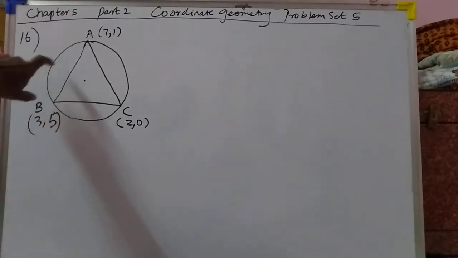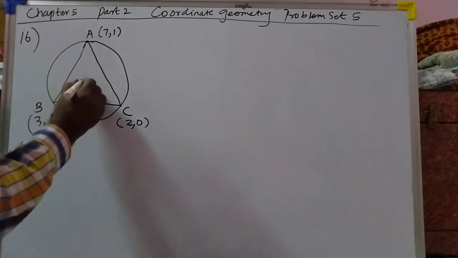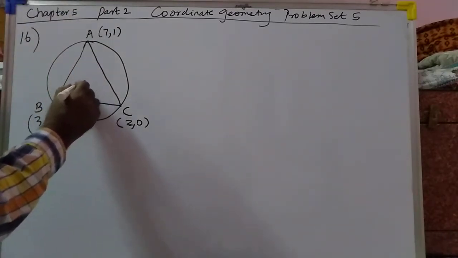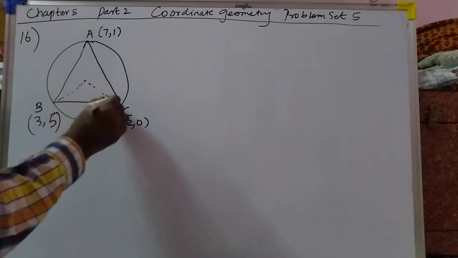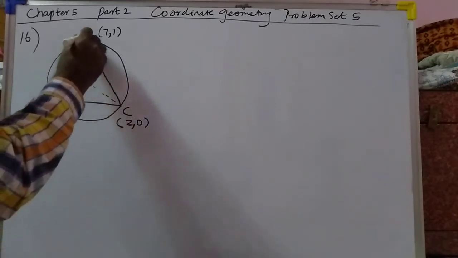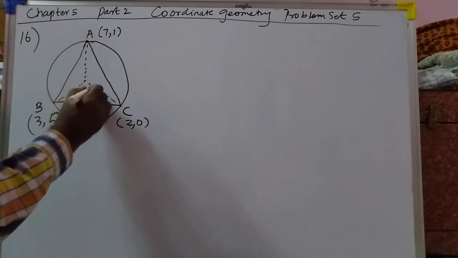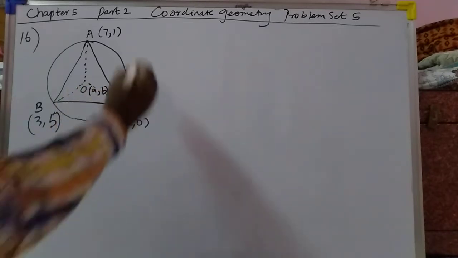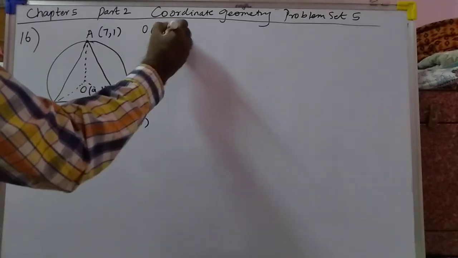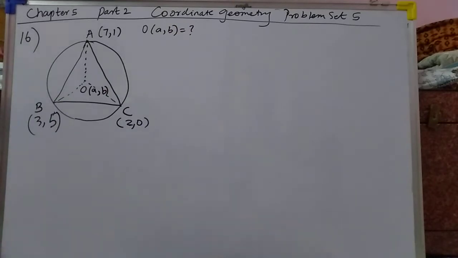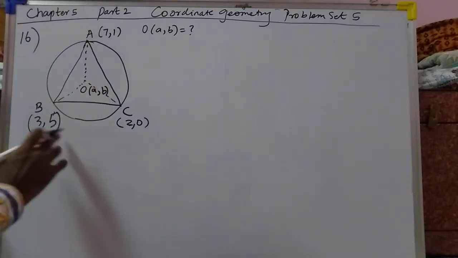Okay, problem 16 में A, B, C पॉइंट दिया है. सर्कम सेंटर फाइंड करना है. We will take the circumcenter as O, with coordinates a comma b. So O is (a, b) equal to question mark. We will use the distance formula.